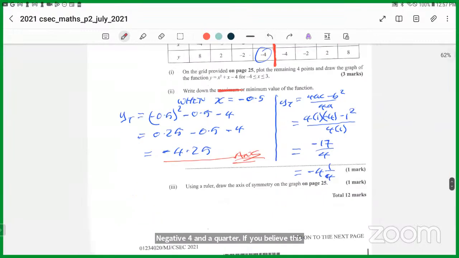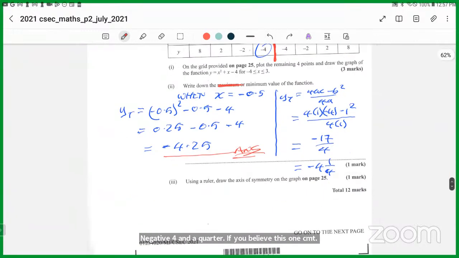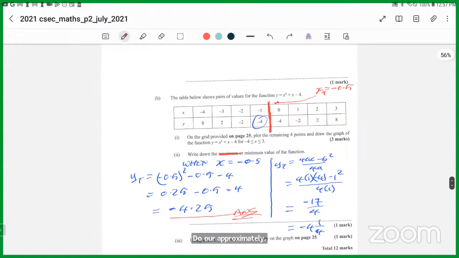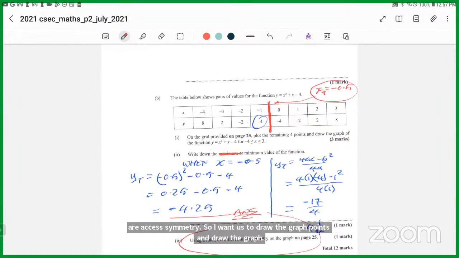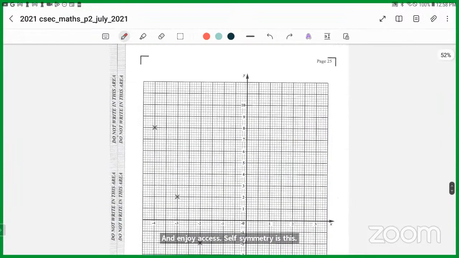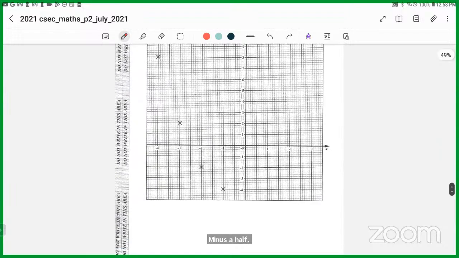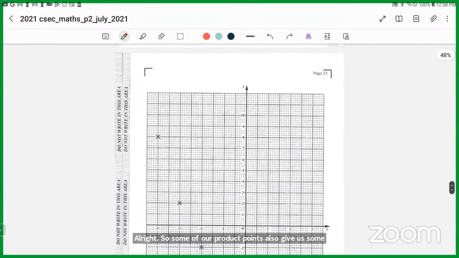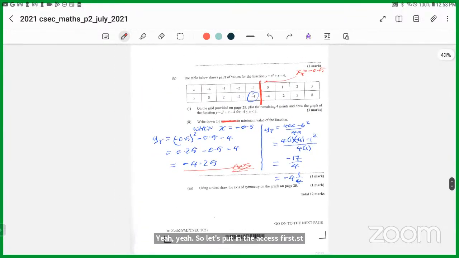Then it says use a ruler to draw the axis of symmetry. I want us to plot the points and draw the graph first, and then draw the axis of symmetry, which is negative a half. They give us some of the points but not the others, so let's put in the axis first, and then maybe we can deduce the rest.